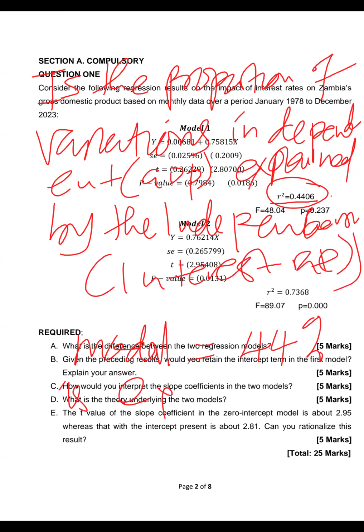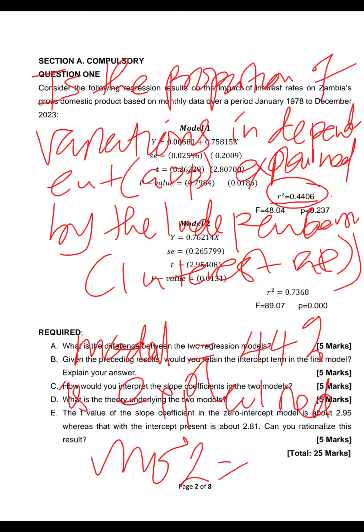Only 44% is actually explained by the model, right? But when you go to Model 2, how many percentages?